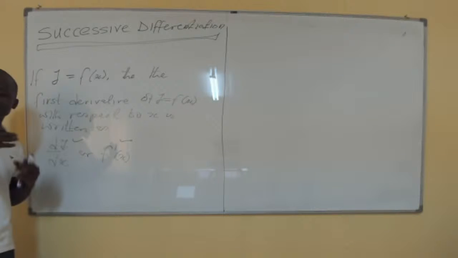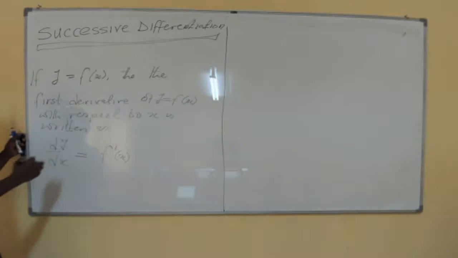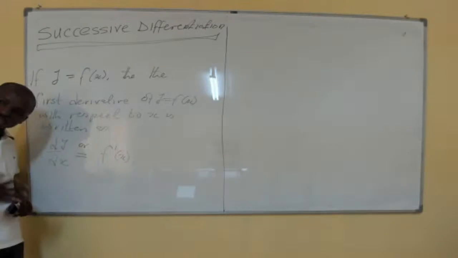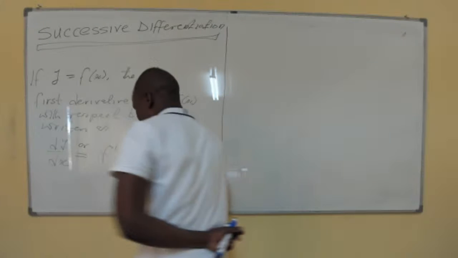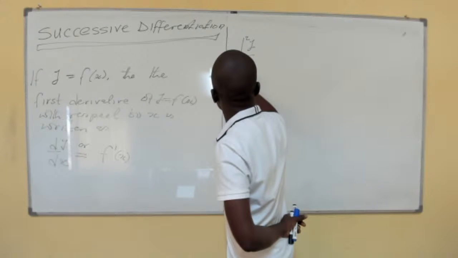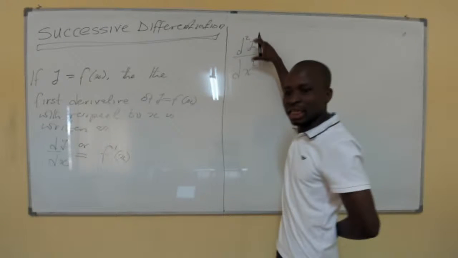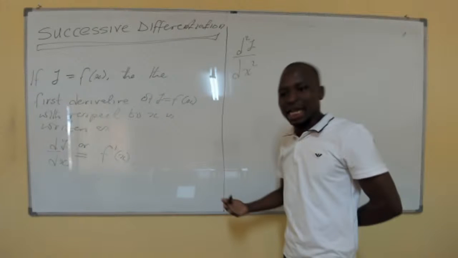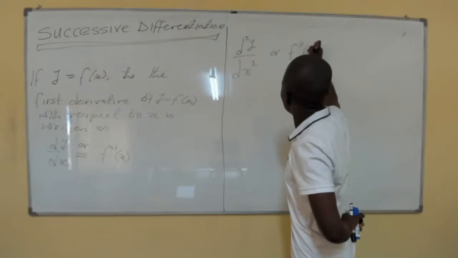If we differentiate it again, what you get is the second derivative of the function y with respect to x, so you differentiate twice. Or we write f double prime of x.